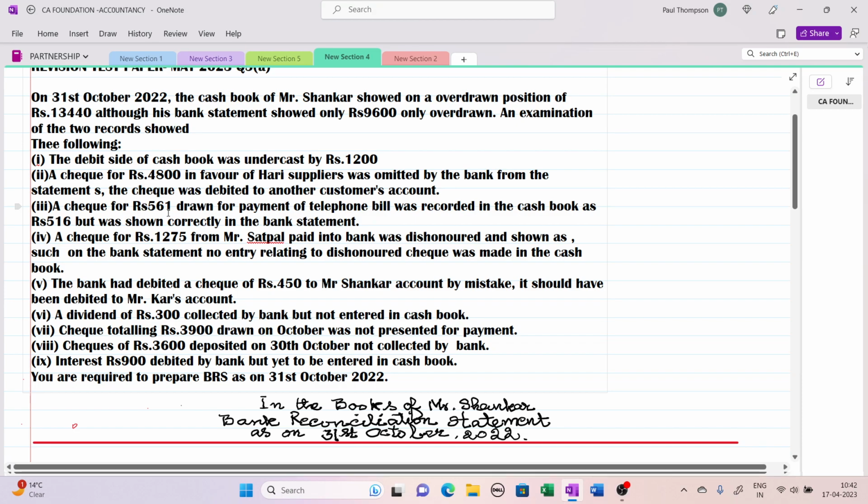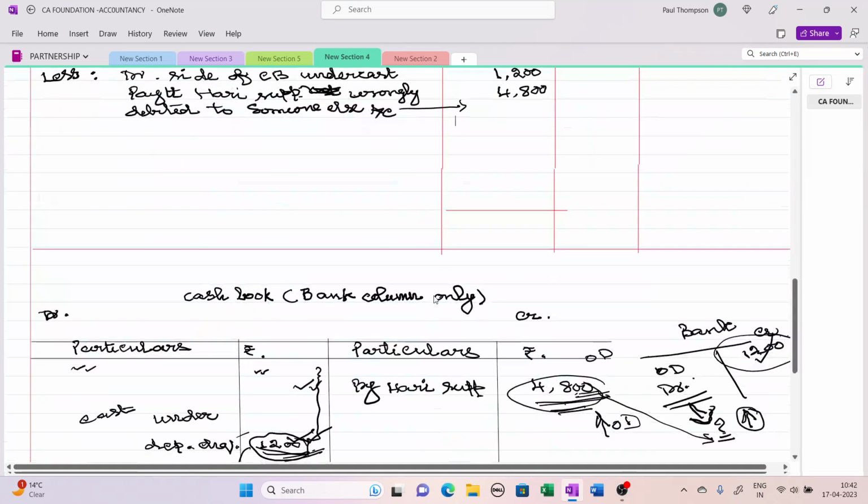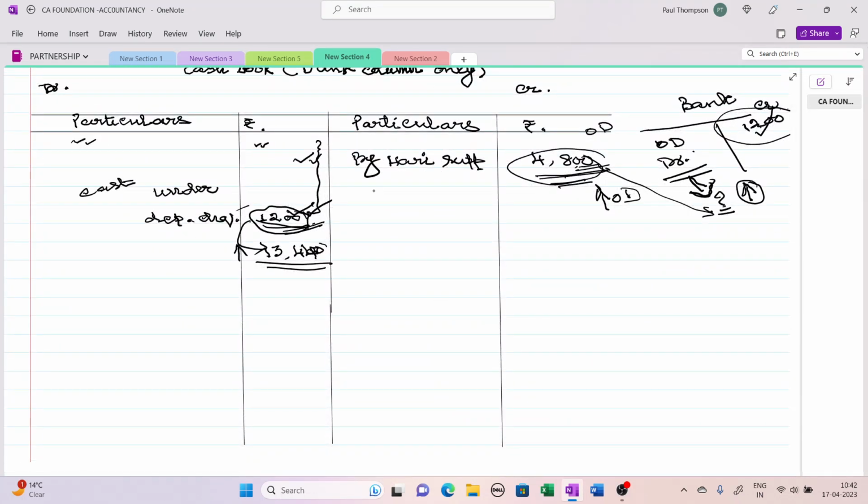A check for rupees 561 drawn for payment of telephone bill was recorded in the cash book as 516 but was shown correctly in the bank statement. Again, in my cash book, I have made a payment of my telephone bill.